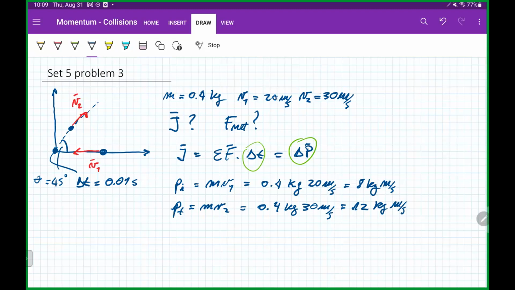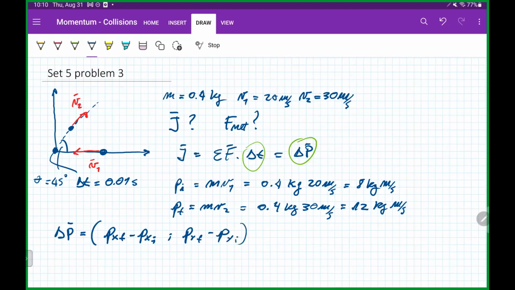But if we write the delta P that we need there, so that vector, we will see that this is pxf minus pxi initial, and the other coordinate will be pyf minus pyi, right?